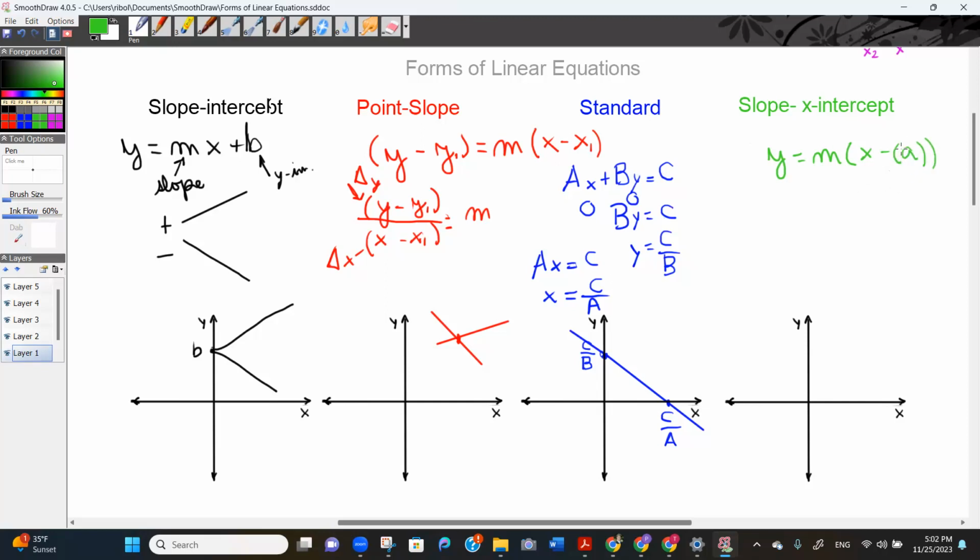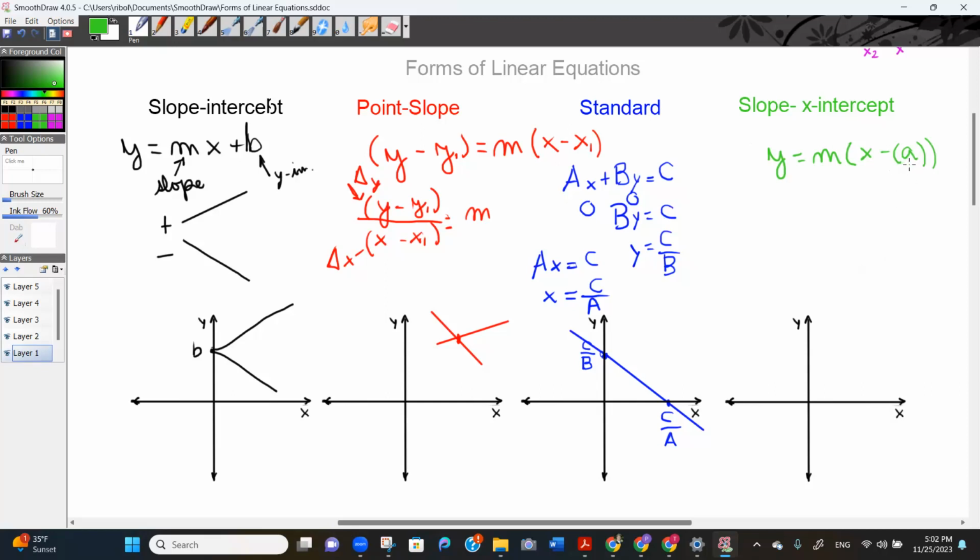This lowercase a is not the uppercase A. This is the x-intercept. And this is a very useful formula to manipulate my lines whenever I know what the x-intercept needs to be.